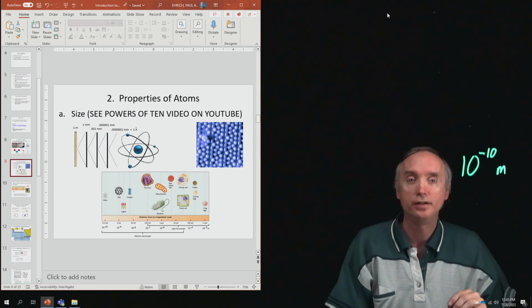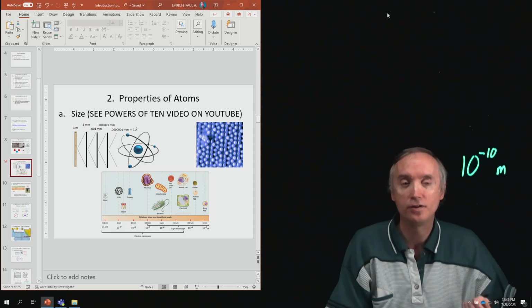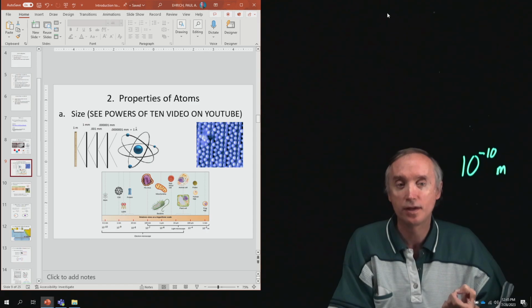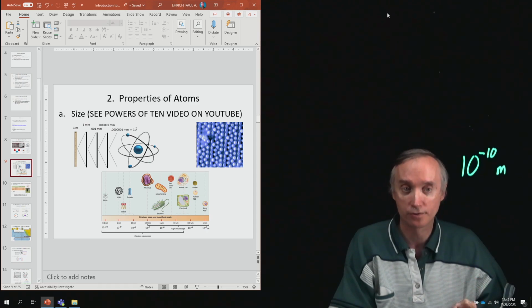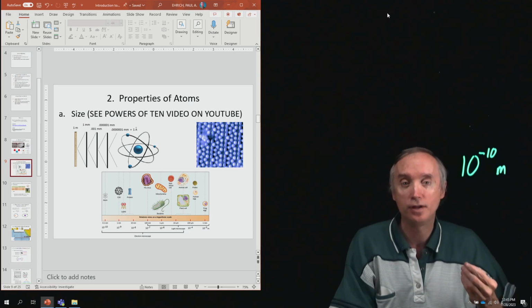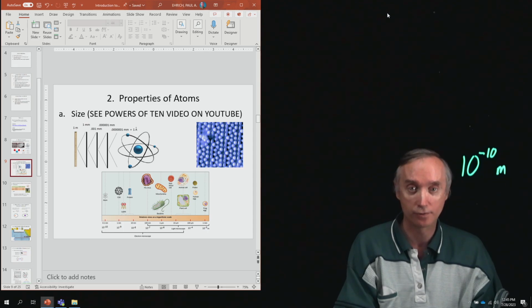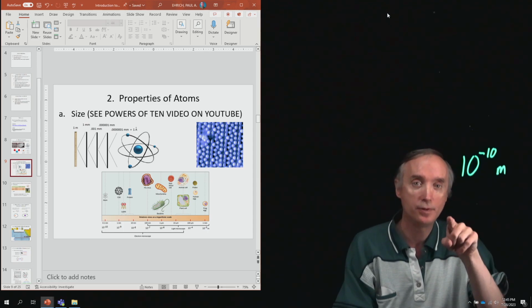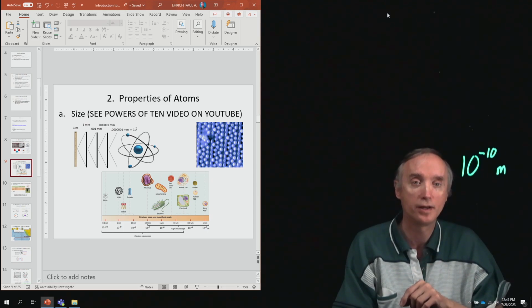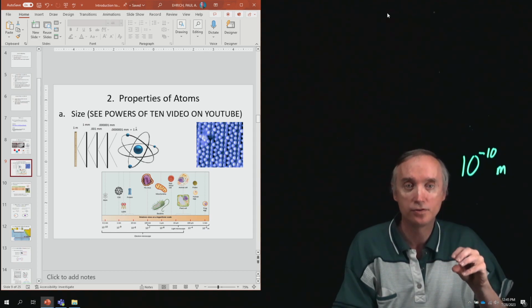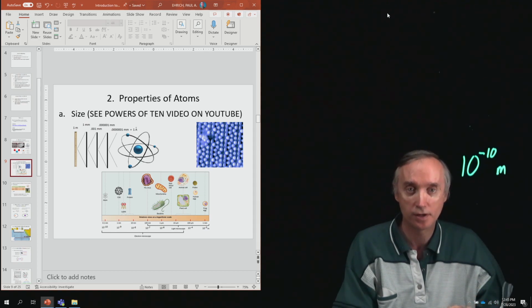You can actually visualize atoms. You can't visualize them using a conventional microscope that you might find in biology that uses light, but you can see them by using what's referred to as an electron microscope. The picture off there to the right shows individual atoms in a particular substance.